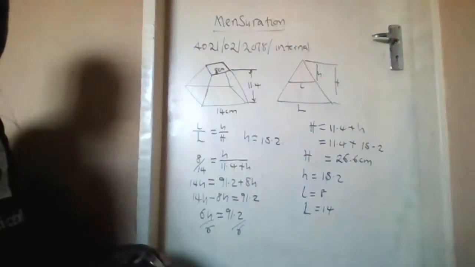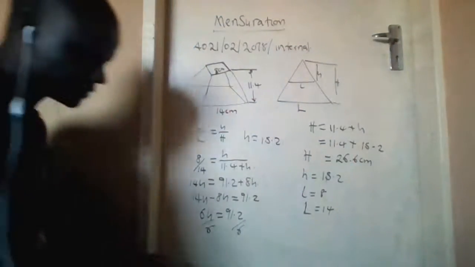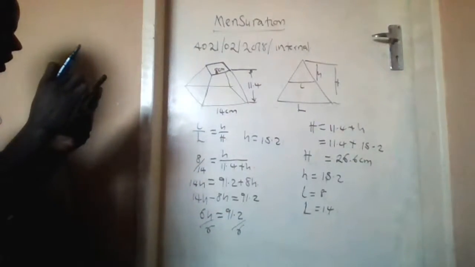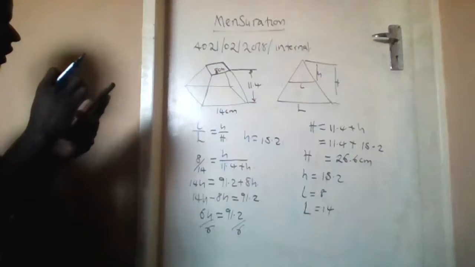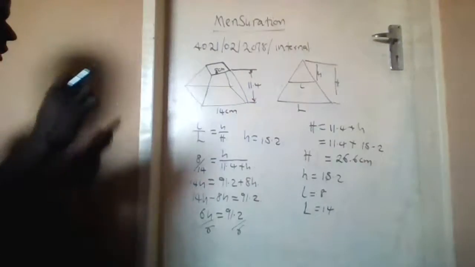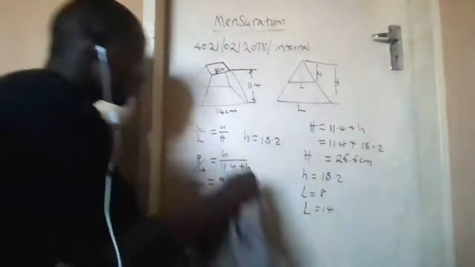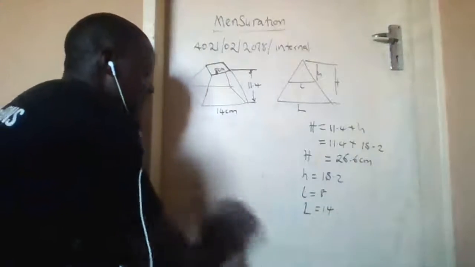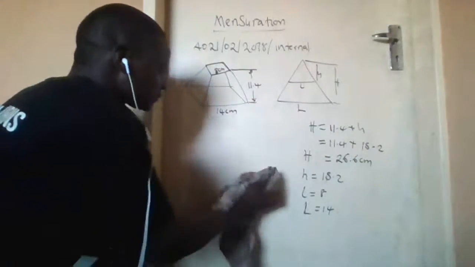Then you just substitute. How do we do our substitution? The substitution will be done in the same way we did for the volume of the cone.